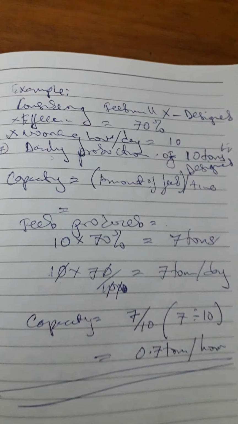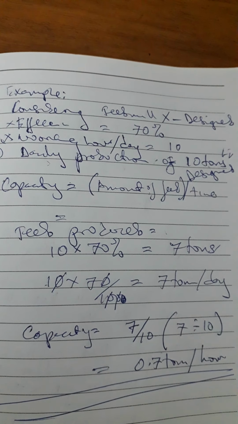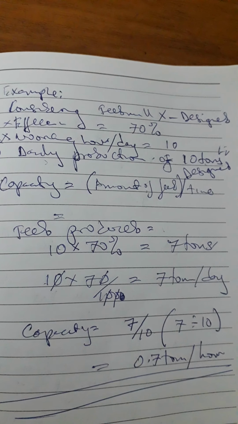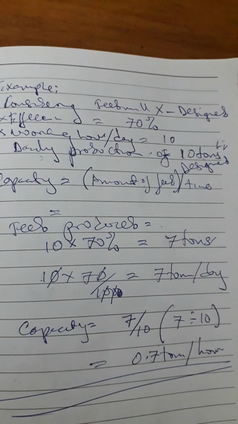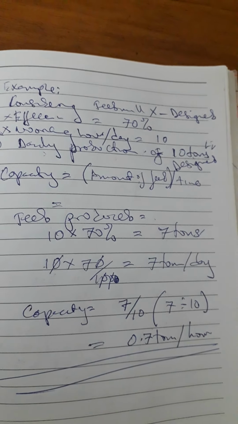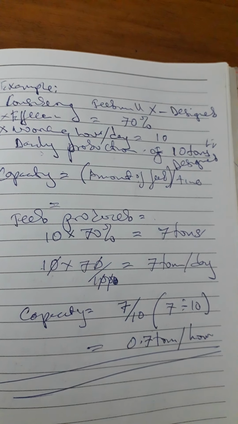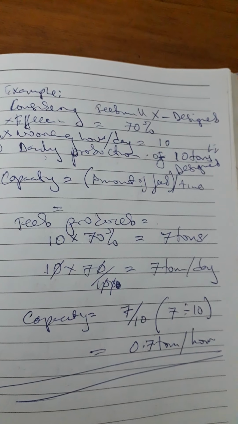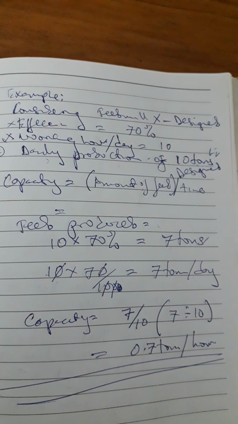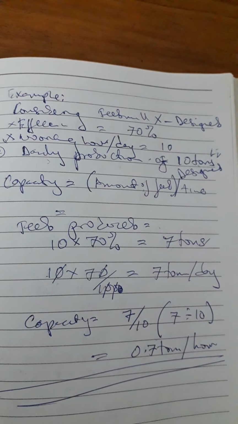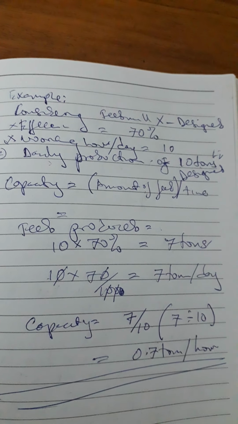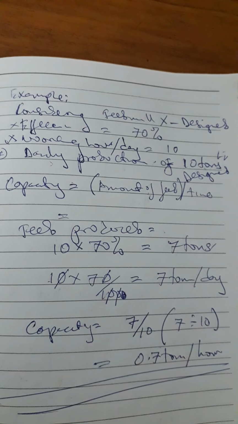So if it has an efficiency of 70%, working hours per day of 10, and daily production of 10 tons, we want to see what would be the feedmill capacity. So the capacity is given by amount of feed over time, which is hours. The first question is, what will be the production per day?